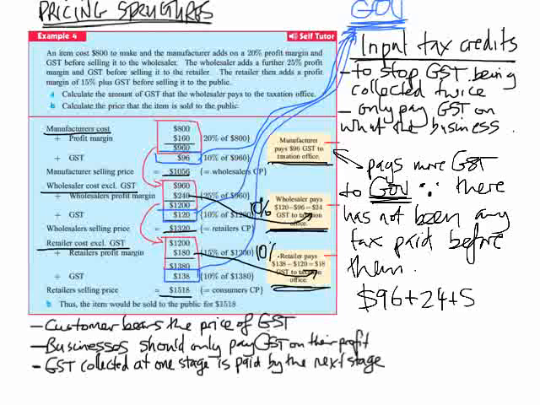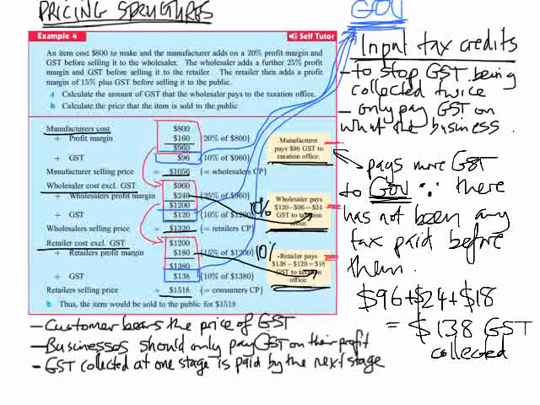And we see that is true: $96 plus $24 plus $18 makes $138 GST collected over the three steps in the chain: the retailer, the wholesaler, the manufacturer, and that GST is borne solely by the consumer. Okay, they don't need to worry about collecting it. The businesses collect it and send it to the government.